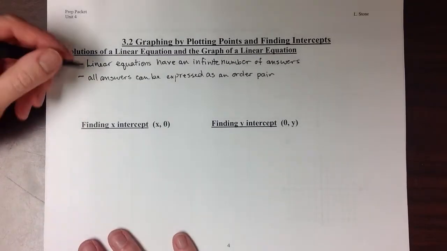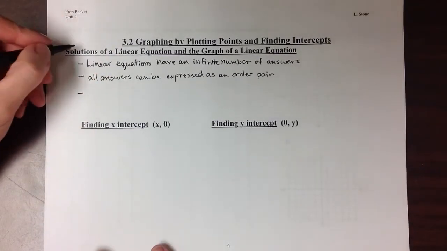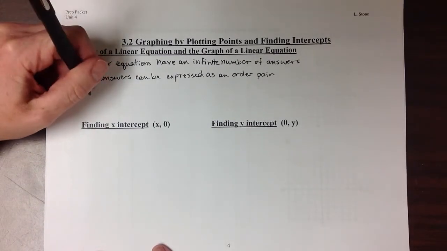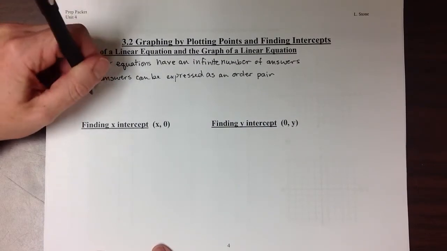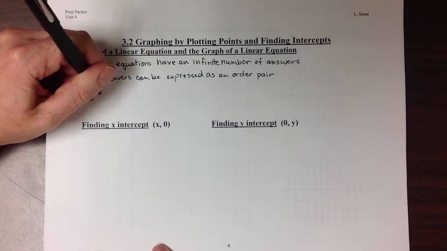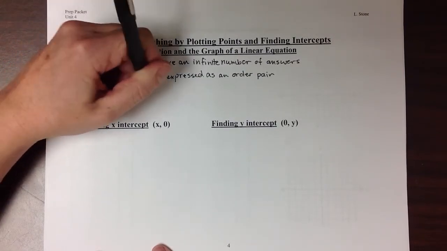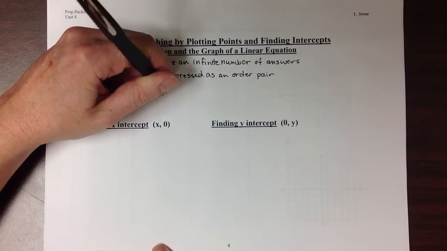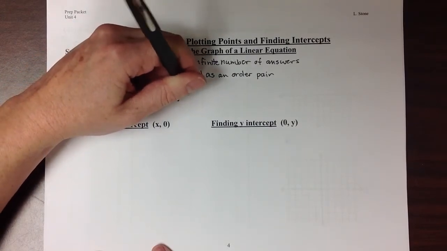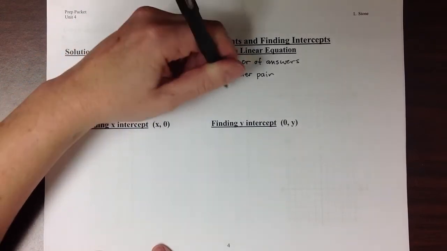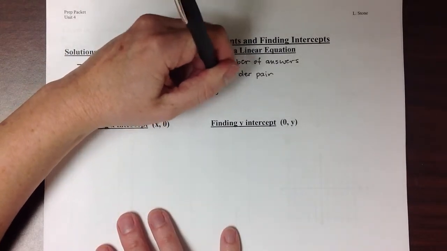So because of that, answers to linear equations are usually shown on a graph. And the graph that shows this answer, the graph of all linear equations, is a straight line.